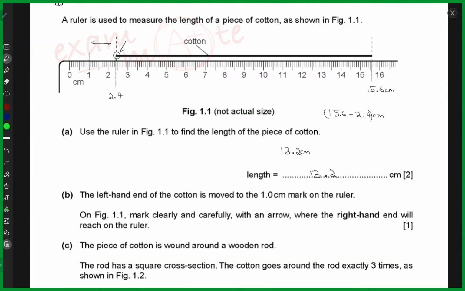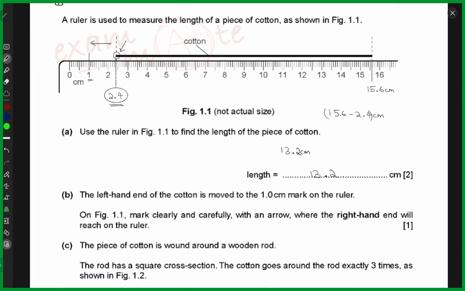Once I do that, how much distance to the left have I moved the cotton? I can take the distance to the left, which is 2.4, and I'm moving it to the 1 centimeter mark. So I want to see how much I am moving this cotton to the left, and you can find that by subtracting 1 centimeter from 2.4.